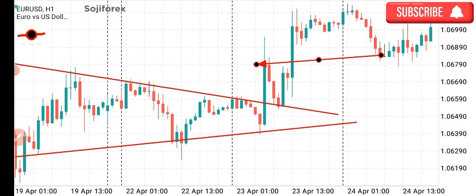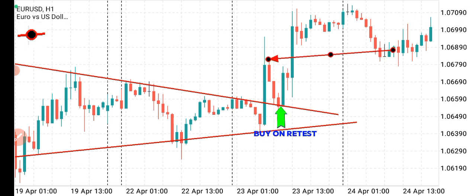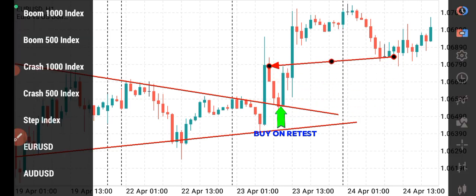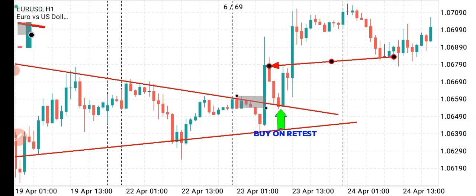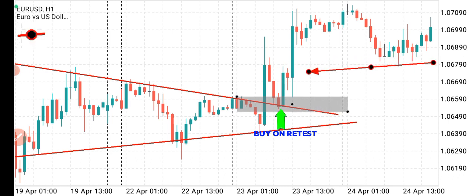So what do we do? We now wait for a pullback, a retest. So price comes back and retests this zone. So when price breaks out of it, all you need to do is mark those candles that break out of that zone.